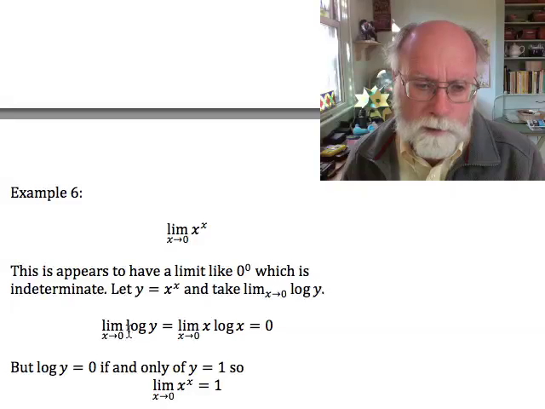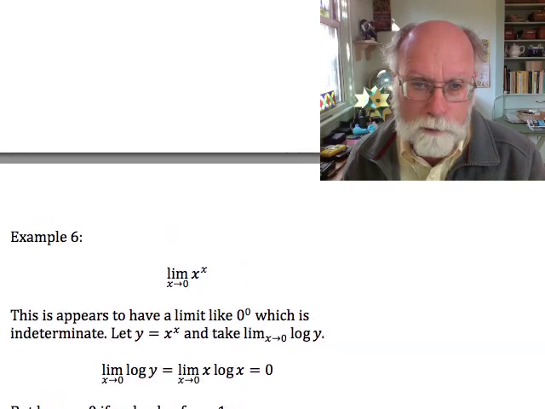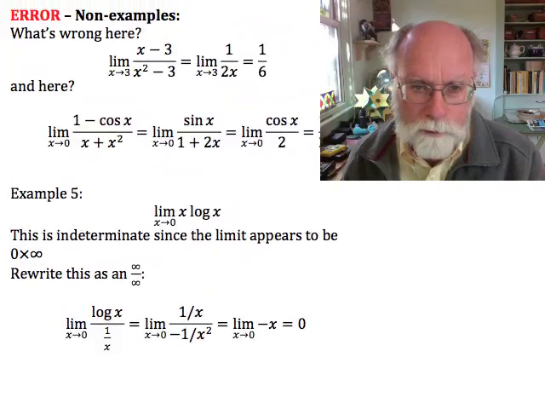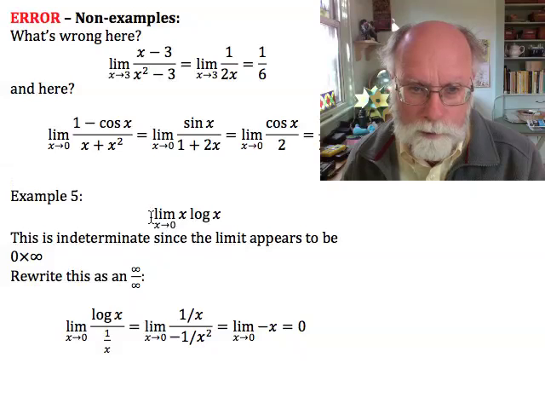So we take the limit as x goes to 0 of log y, and the logarithm of y is x log x. So we have the limit as x goes to 0 of x log x. But we just did that limit, and we discovered that it was 0. So the limit as x goes to 0 of x log x is 0.